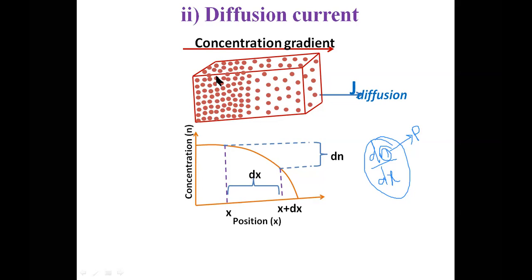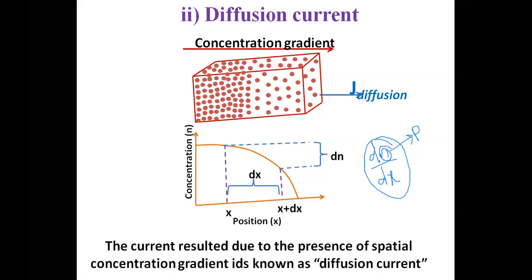So when you compare with other regions, a concentration gradient will be established within the semiconductor due to the illumination of light. This is one process; there are other processes to get the concentration gradient. This concentration gradient results in a current in your semiconductor, which is known as the diffusion current.